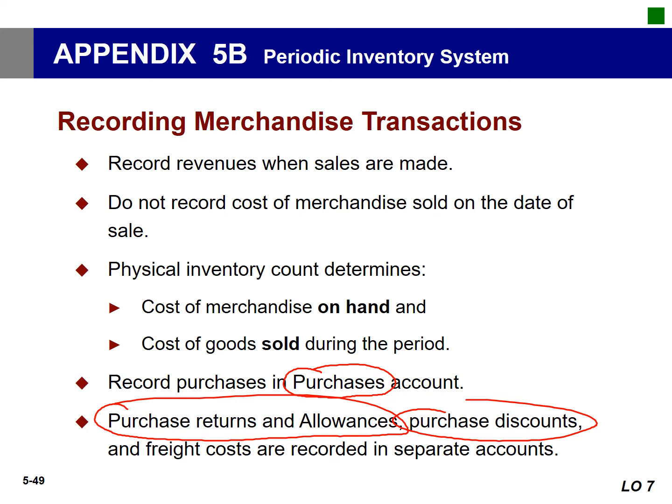Again, under the perpetual system, for each of these types of transactions, we use the actual inventory account. Another difference about the periodic inventory system business is it does not record cost of goods sold with each sale. It calculates cost of goods sold on the income statement.